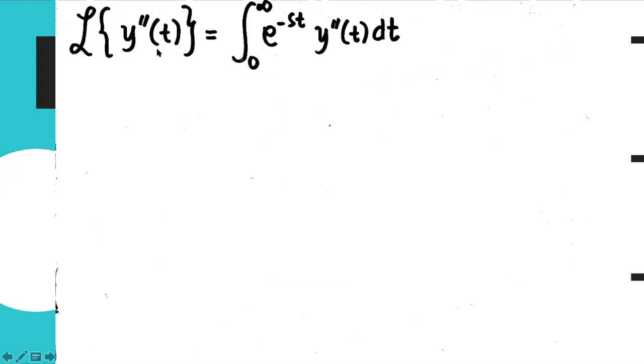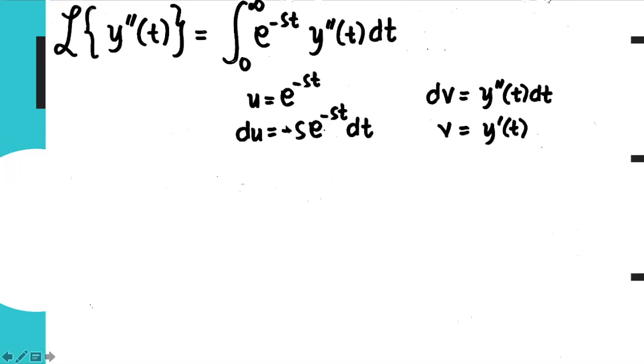We apply, of course, the definition: the Laplace of y double prime of t is equal to the integral of e raised to negative st times y double prime of t, with limits from 0 to infinity. We are integrating with respect to t, so the same idea, we are to use integration by parts.